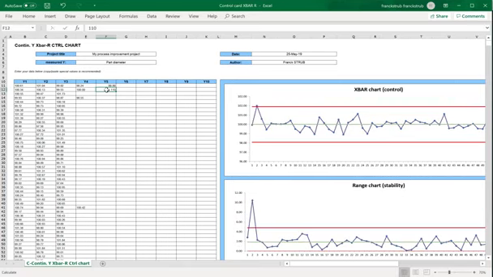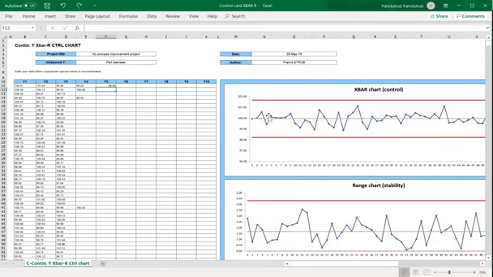I enter a very strange value just to show you that it has an impact on the X-bar chart, of course. So each point is the average of a sample that we collect, and we put the mean of this data collection on the chart.